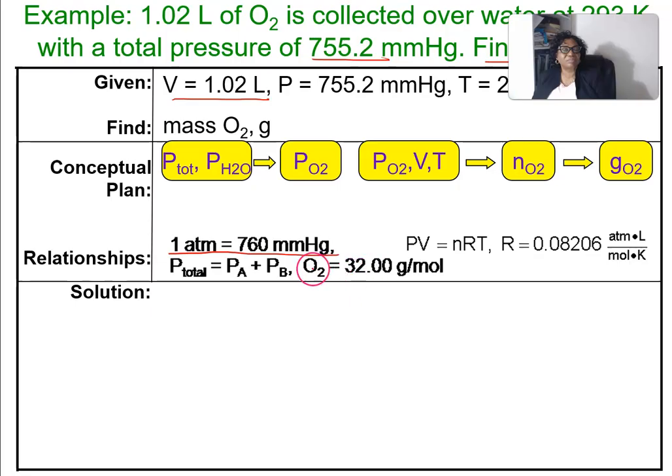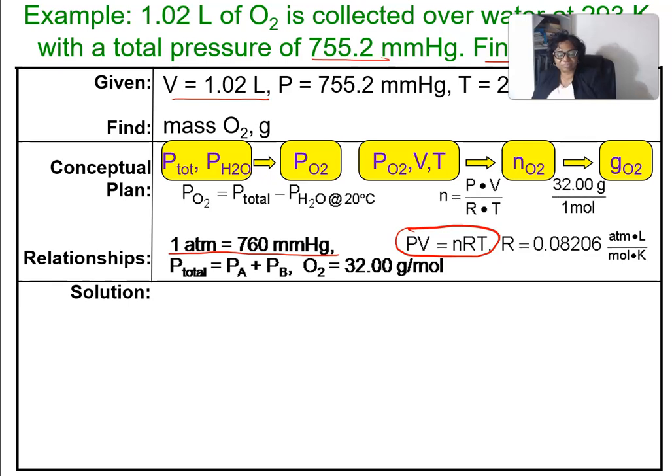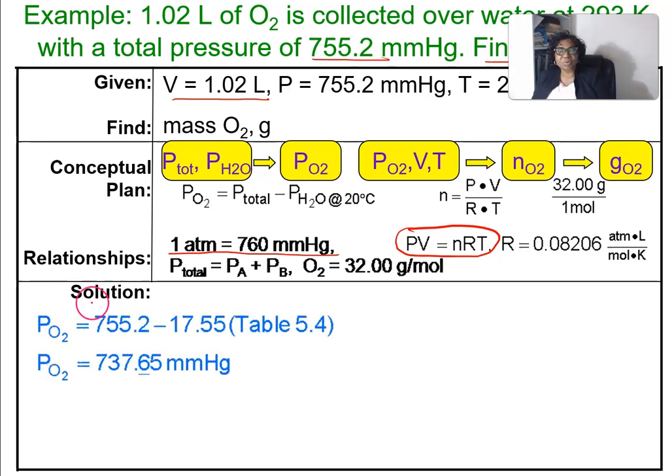You see, that's the molar mass of oxygen. This is our ideal gas equation. That's our gas constant. So we want the pressure of oxygen. The vapor pressure from the table is 17.55, subtract it.